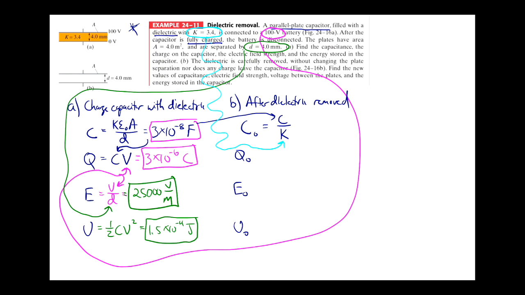So let's see. What is this value of capacitance? That should be 8.8 times 10 to the minus 9 farads. Notice that's less than the number we had with the dielectric inside. So good so far. That makes sense. What about Q naught? Any thoughts there?